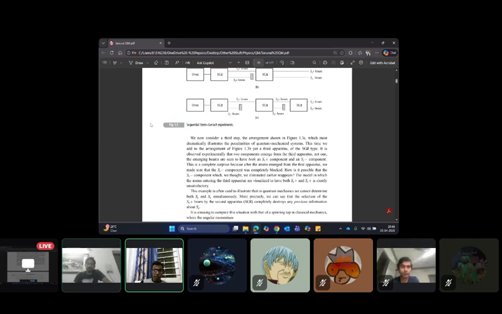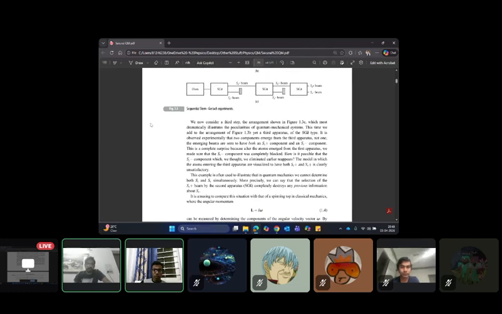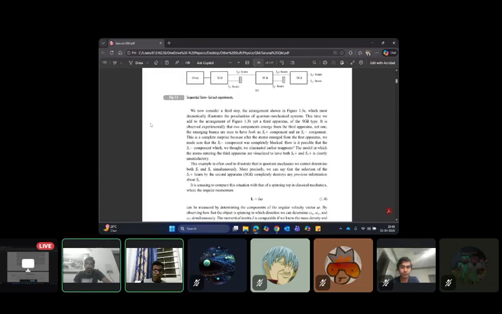This example is often used to illustrate that in quantum mechanics we cannot determine both Sz and Sx simultaneously. More precisely, we can say that the selection of the Sx plus beam by the second apparatus SGX hat completely destroys any previous information about Sz.